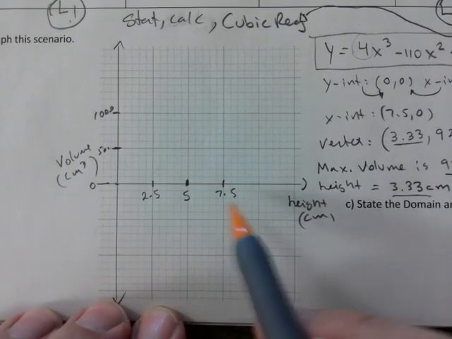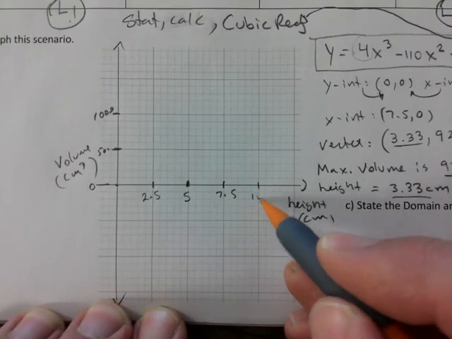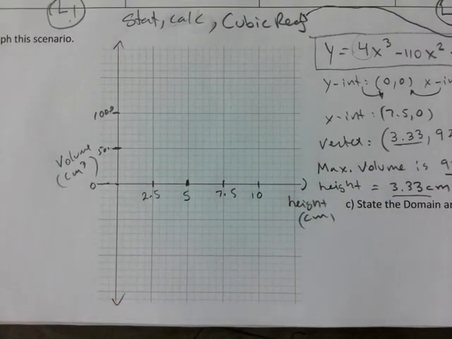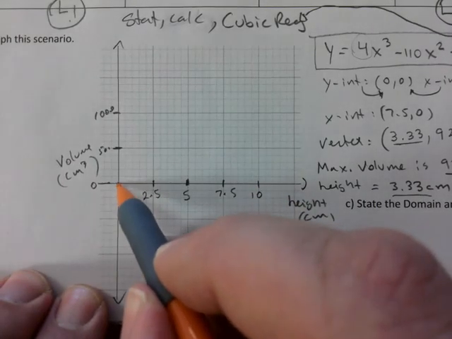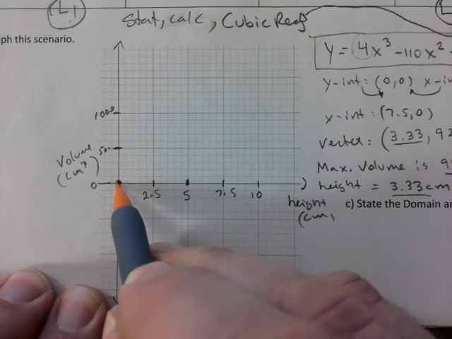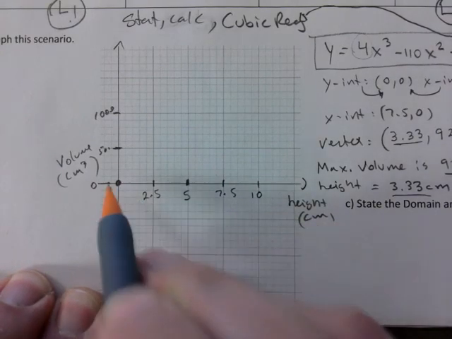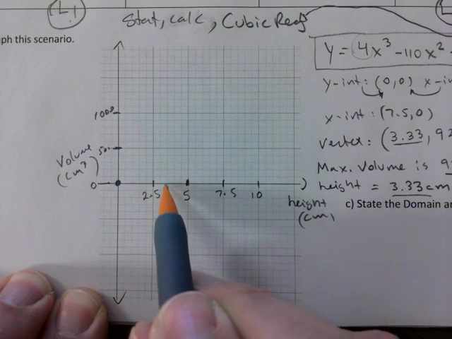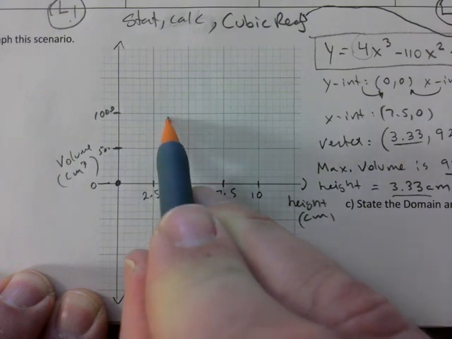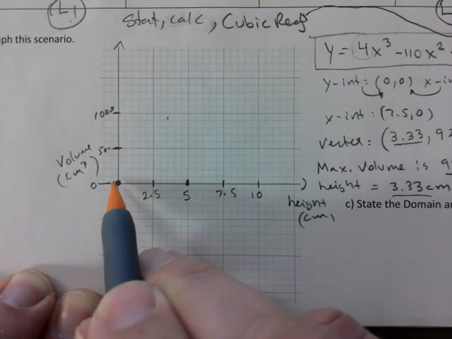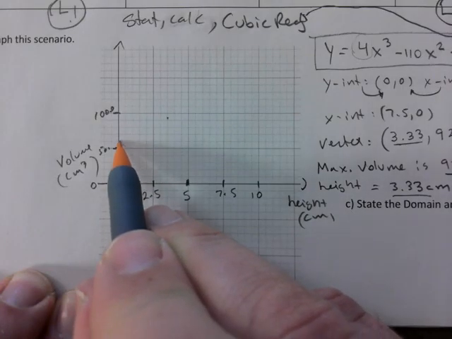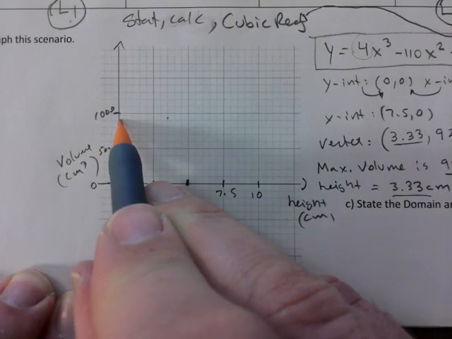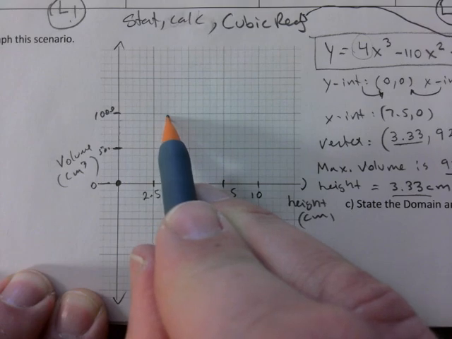I'm going to go 2.5 on that one. 10. And here we go, 0, 0. At 3.33, I am at almost 1,000, not quite. 600, 700, 800, 925 is right about there.